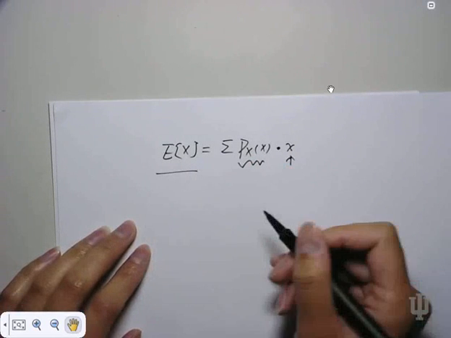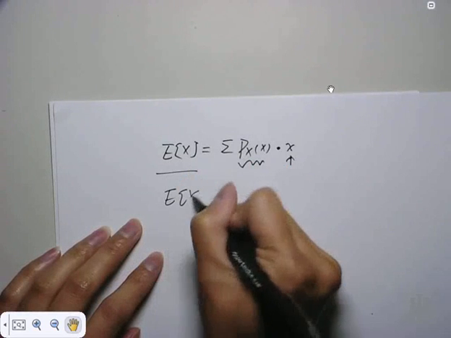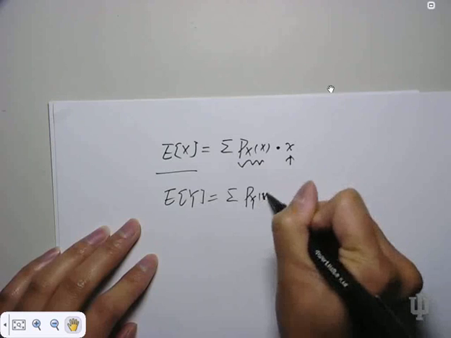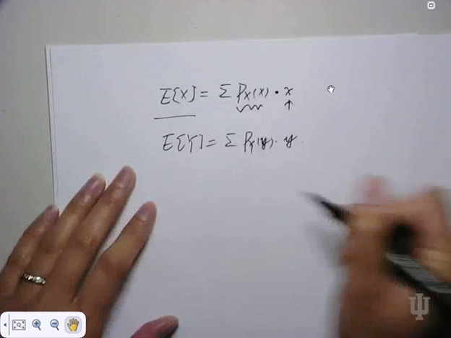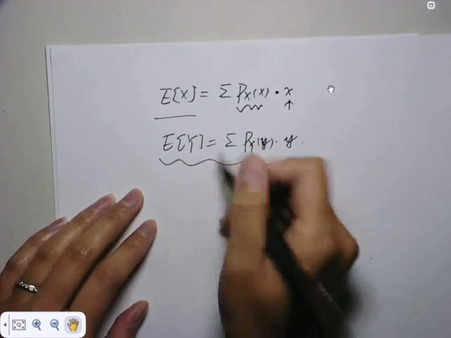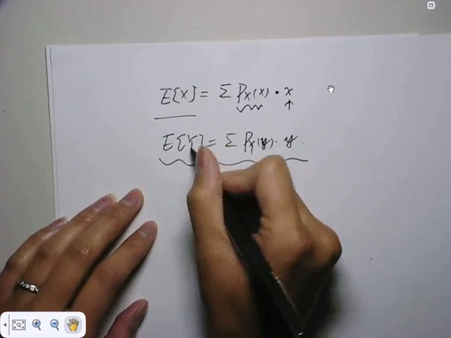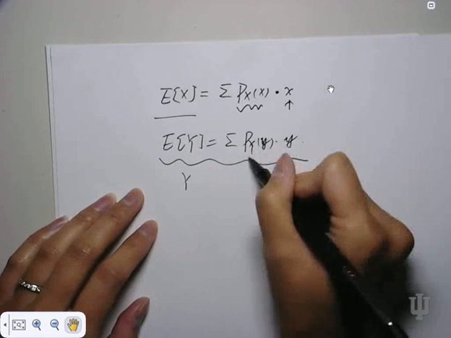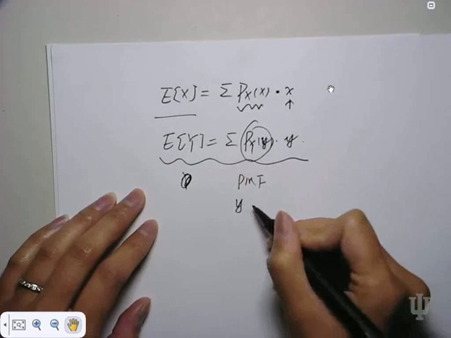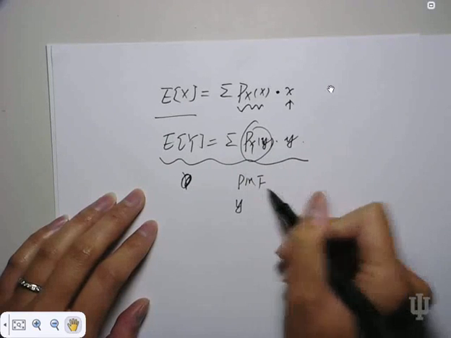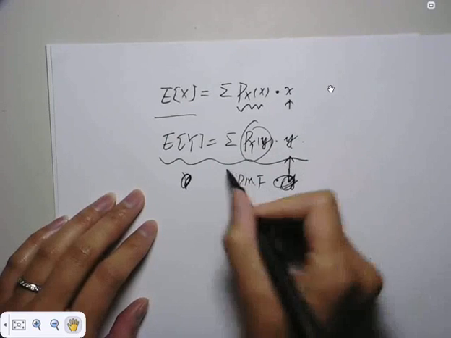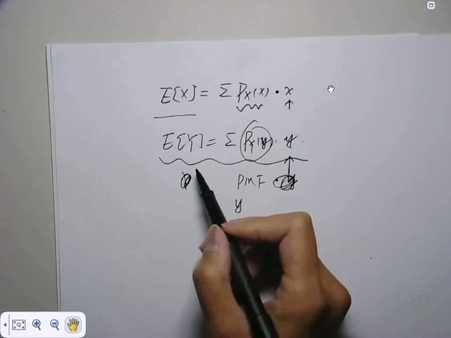That's your expected value for x. So the direct way to find the expected value of your derived random variable y should be, if you know your probability mass function, that means you know for each value of y the probability, and then times the value of y here, right? That will generate the expected value of your derived random variable.